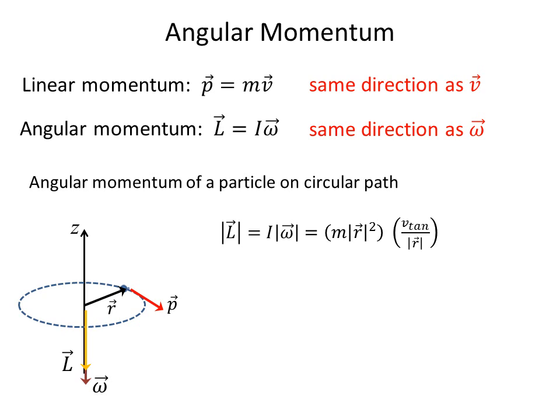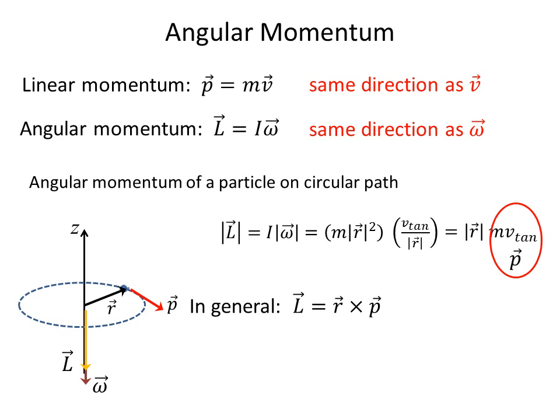The moment of inertia of a particle is equal to its mass times the magnitude of the radius vector squared. And the angular velocity in terms of the linear or tangential velocity is v tan divided by the magnitude of the radial vector. If we rewrite this a bit, canceling out one of the r's, we have the magnitude of L is equal to the magnitude of r times the mass times the velocity v tan.